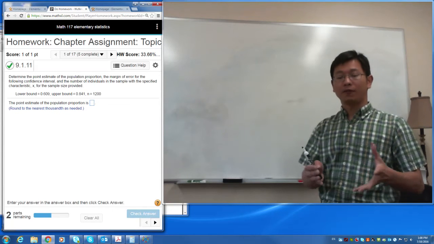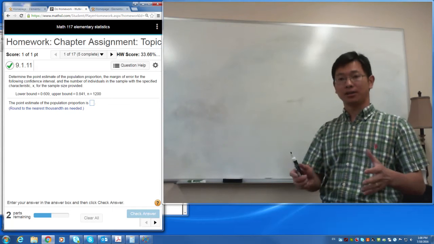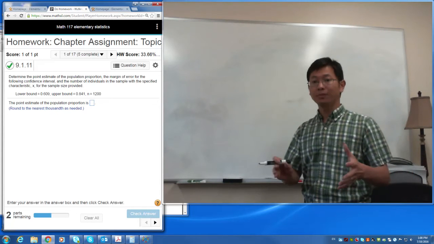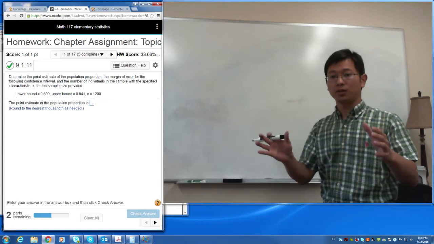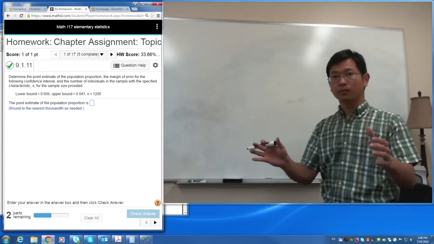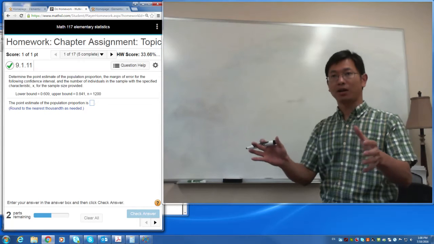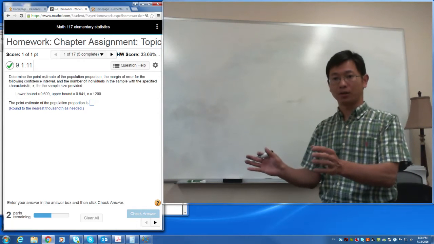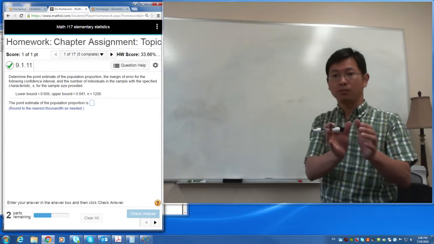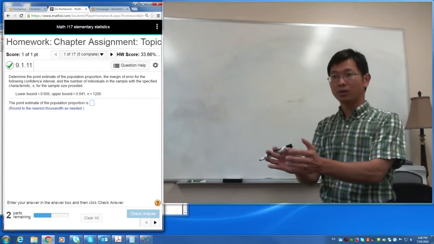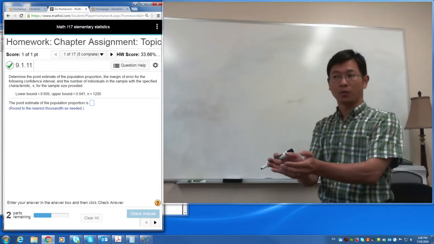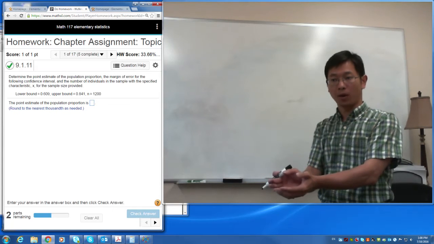For example, I'm 90% confident that the mean weight of this 1 million bottles is from 0.8 to 1.2 pounds, because the mean weight of this 100 bottles is 1 pound.